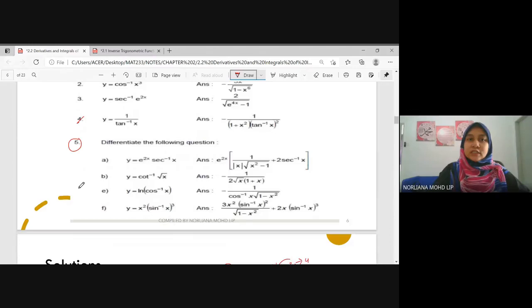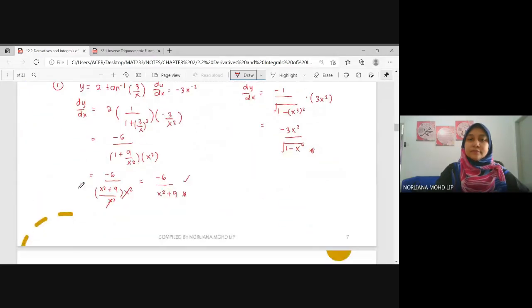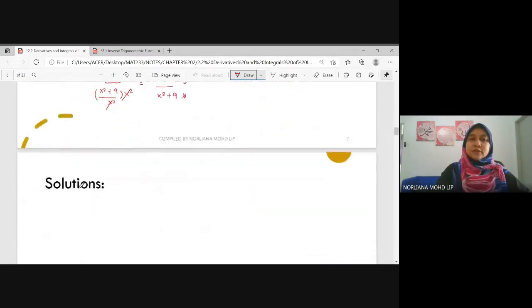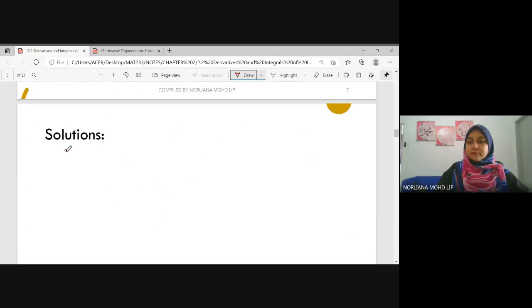Number 3. Secant. Y equal to secant inverse exponent to x. So dy over dx. Now we apply the formula for secant: 1 over u square root of u square minus 1, ni u.